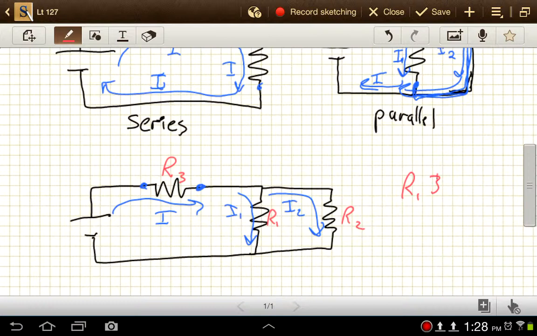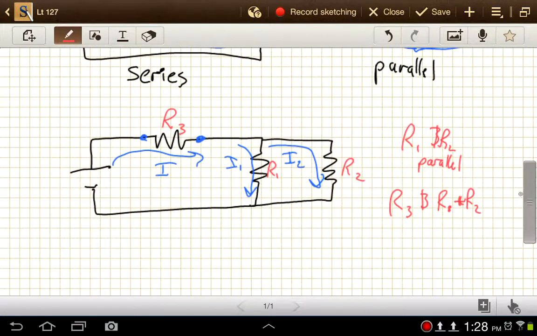And then R3 and the R1 plus R2 group, that's in series. So if we combined these or thought of it as just one big group, that group is in series with R3. But R1 and R2 individually are in parallel with each other. And of course we can get more complex with this as we add more and more resistors. But being able to recognize when it's series and when it's parallel, that's the first step in solving these more complex problems.